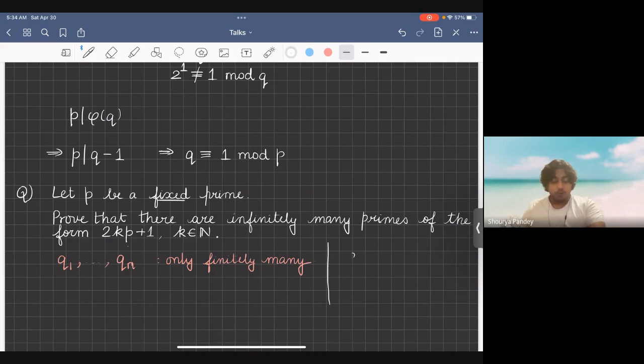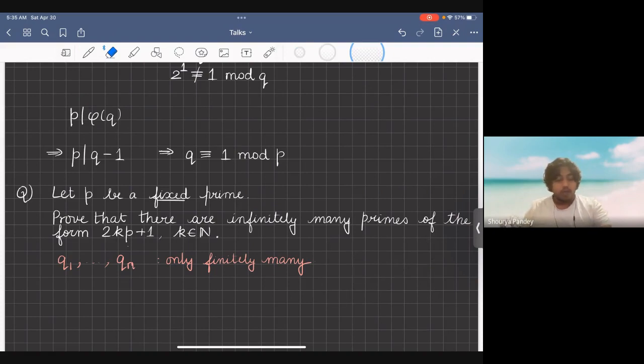Euclid took this product, added one, and noted that it is co-prime to each of the qi. But then what prime factor does this even have, unless it itself is a prime? That's what we are trying to do here as well.